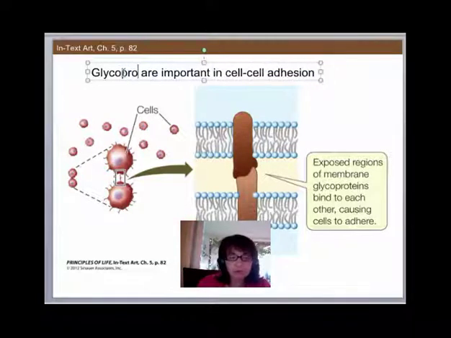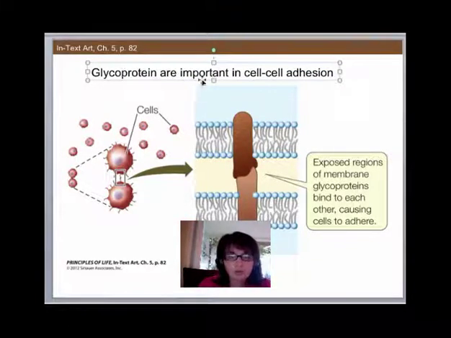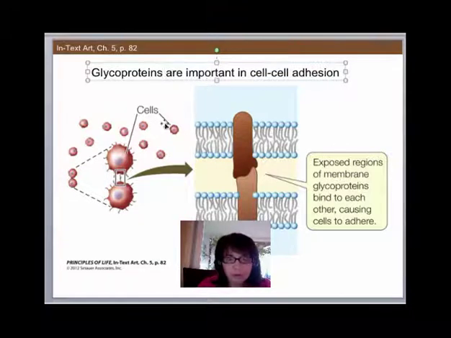Glycolipids also exist. However, the picture down here is a glycoprotein. So the big brown blob is the transmembrane protein, and on the tip is probably some sugar molecules. That's where the glyco comes from. Remember glycosylation in the Golgi? Anyway, the sugars are actually part of the recognition system between cells.